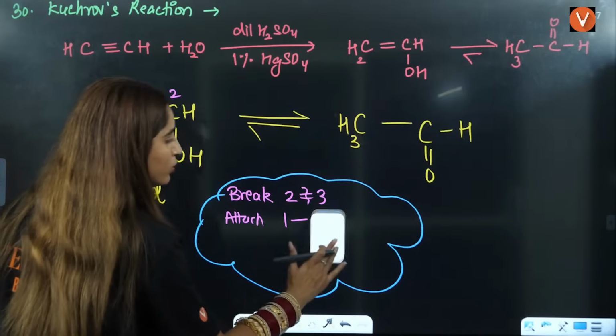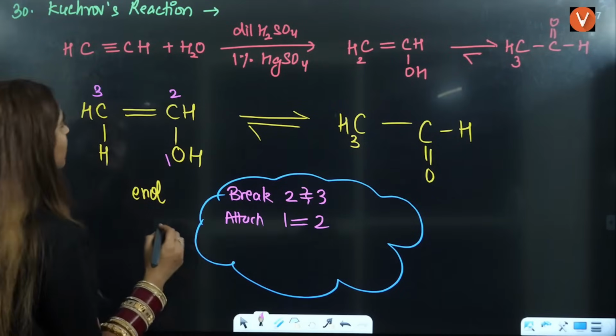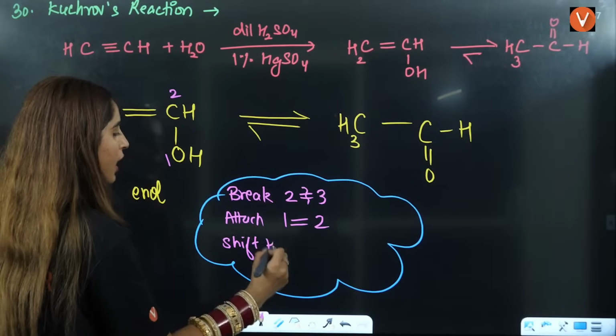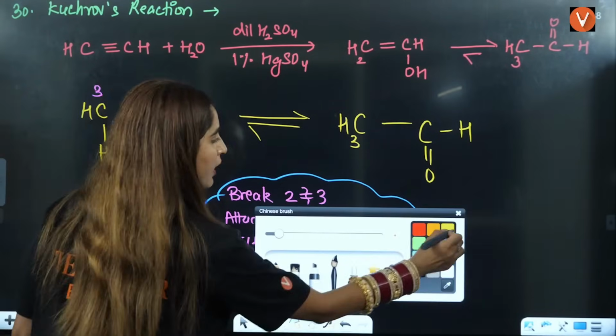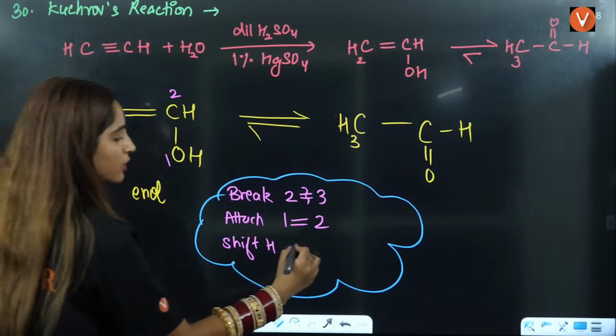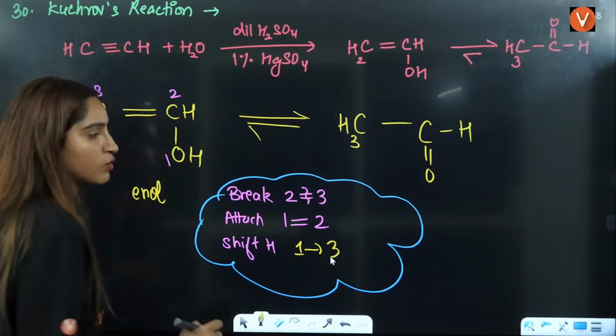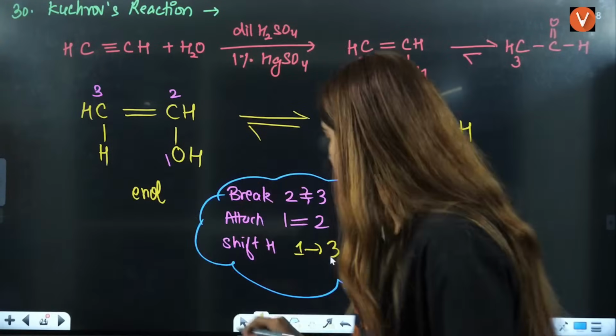Then what you have to do is shift hydrogen from first to third. Got it? So this is what you have to do.